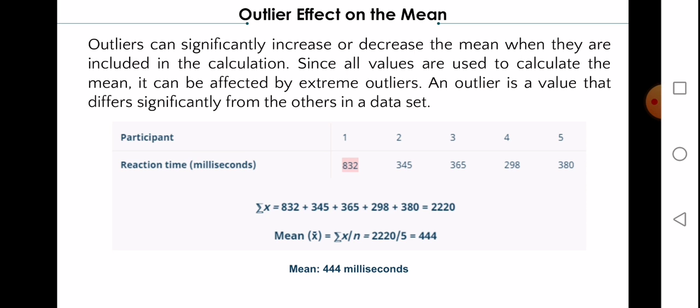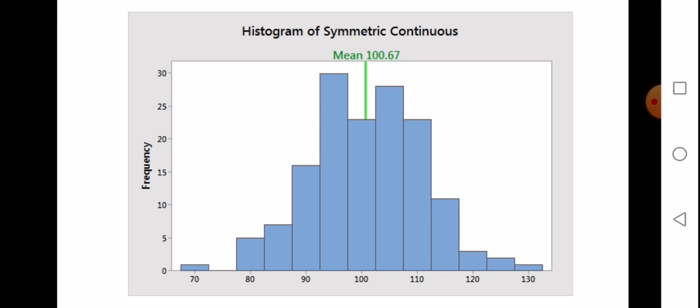So in the sample shown, we swap out one value with an extreme outlier. Due to the outlier, the mean becomes much higher even though all the other numbers in the dataset stay the same. Now we have a mean of 444 milliseconds based on the sample.